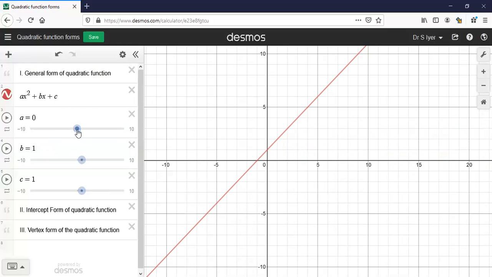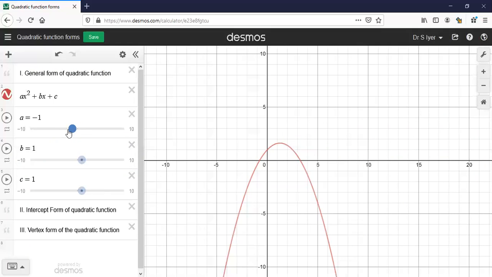When I decrease a below 0, you'll notice that the parabola is now downward looking or downward open. It's a sad face, right? And as I decrease it further, you see it getting narrower and narrower. So that is the effect of a on the quadratic function, right?